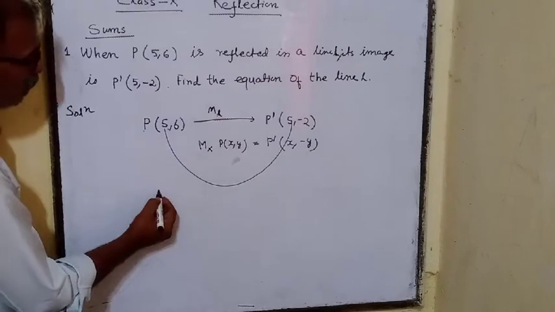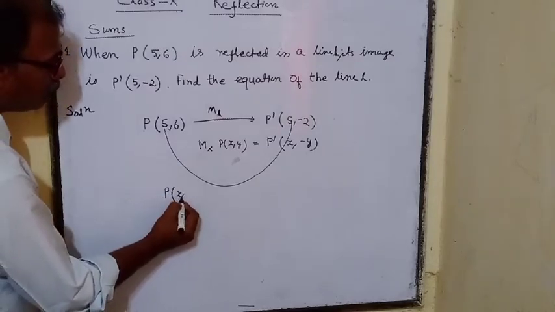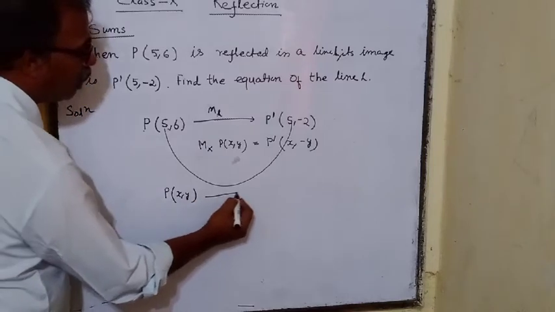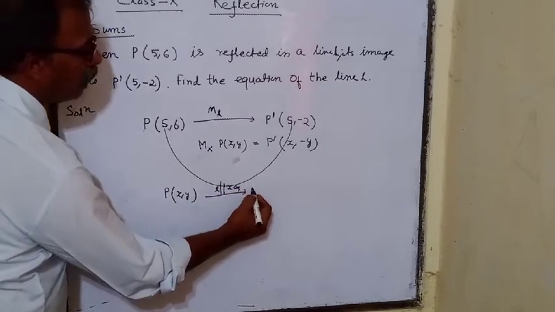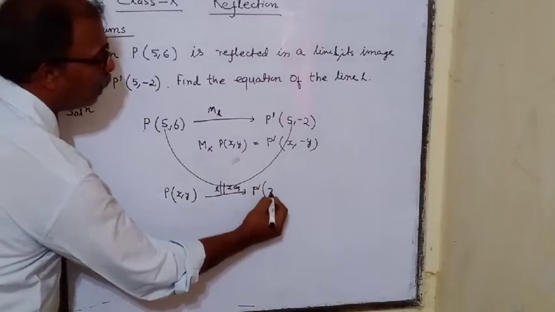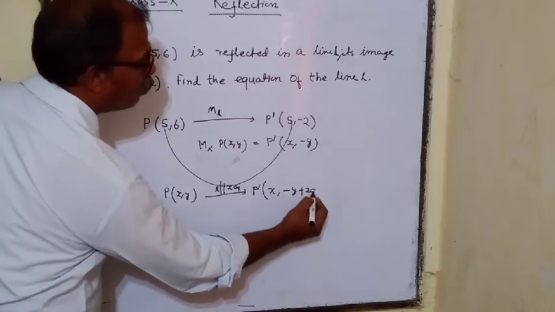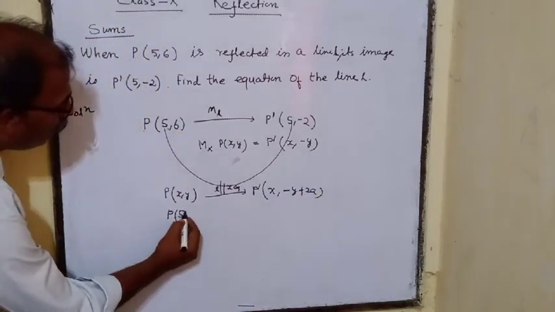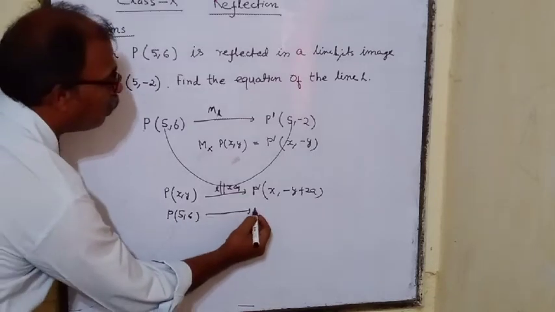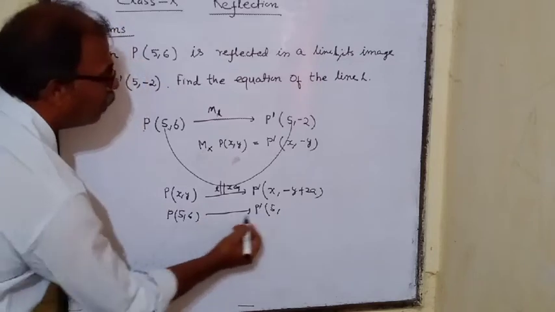I have told that if P(x, y) is reflected in a line which is parallel to x-axis, then P dash is how much? (x, -y + 2a). So we can say that P(5, 6) is equal to P dash how much? 5 repeated, and this is 6.